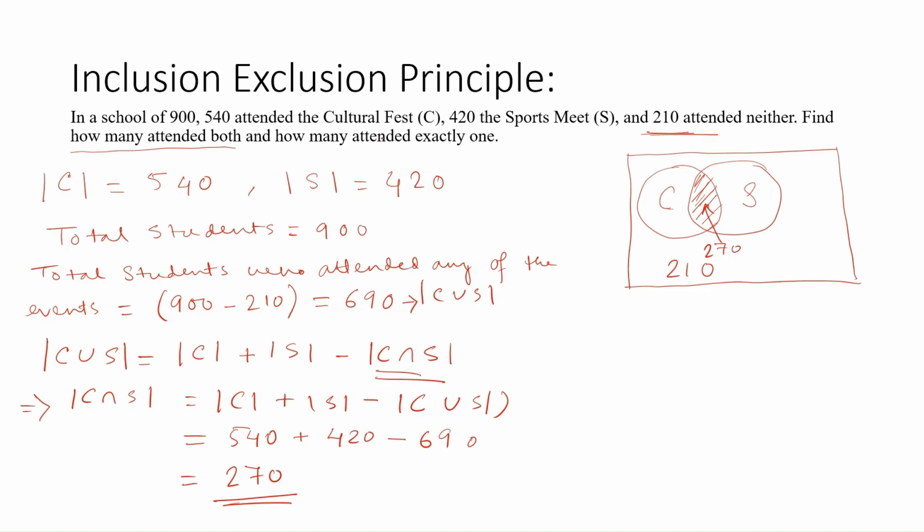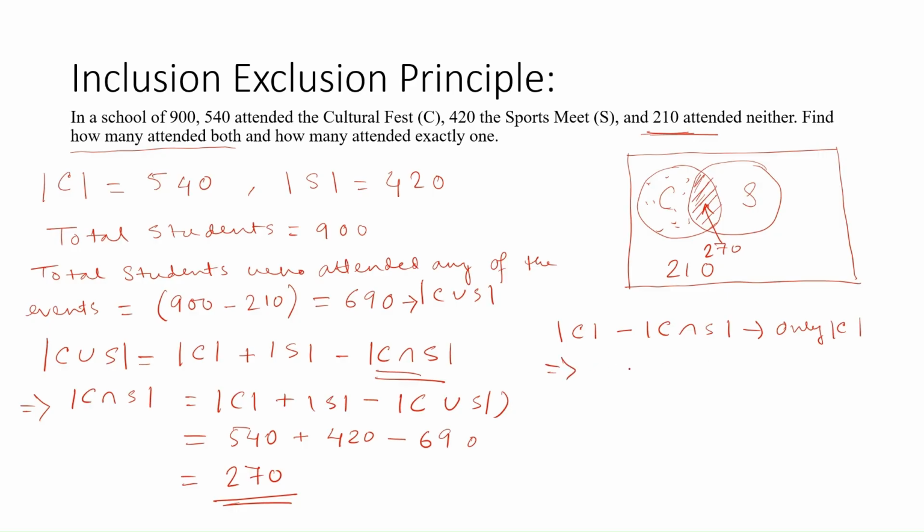So if we want to find the total number of students who attended exactly one, that means we have to find this dotted region, because this whole C circle shows the total number of students who attended the cultural fest. If we subtract this intersecting portion from C, then we will get C minus C intersection S, which gives us only C, that means only cultural fest.